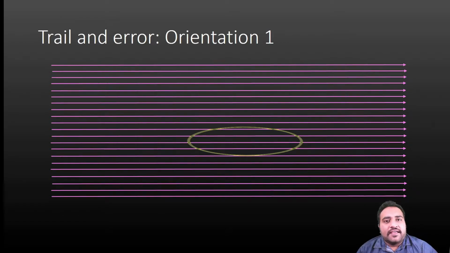This ring is placed horizontally. Now, what is the normal to this plane? Normal to this surface is in this direction, and the flow is in this direction.